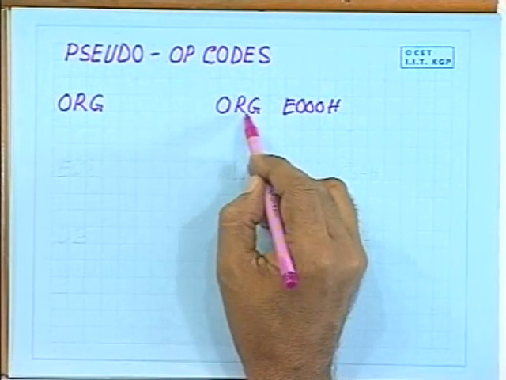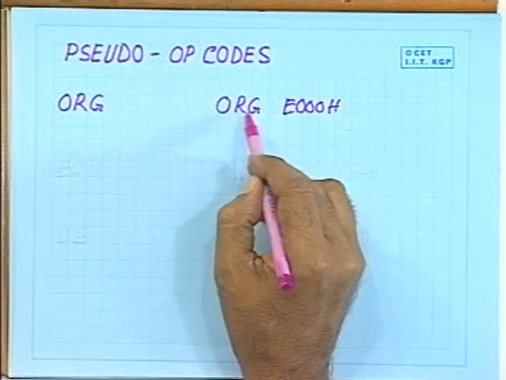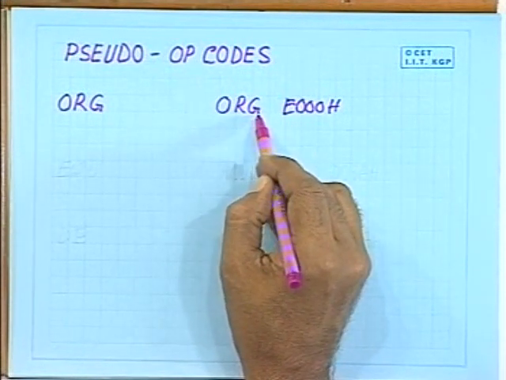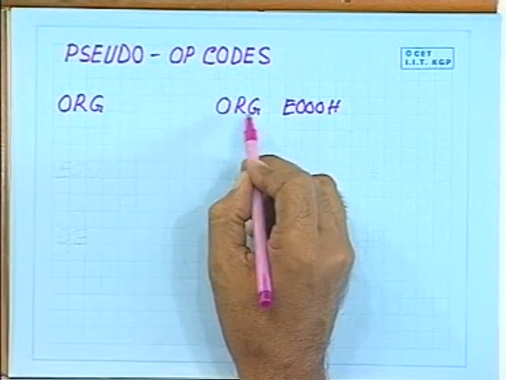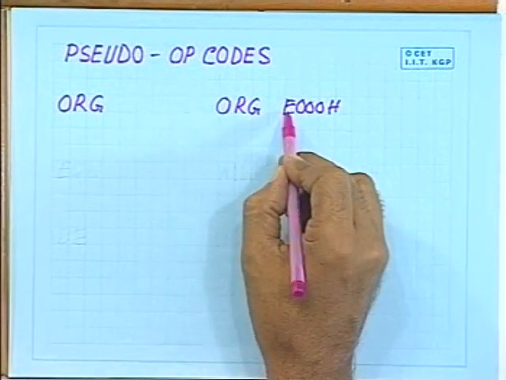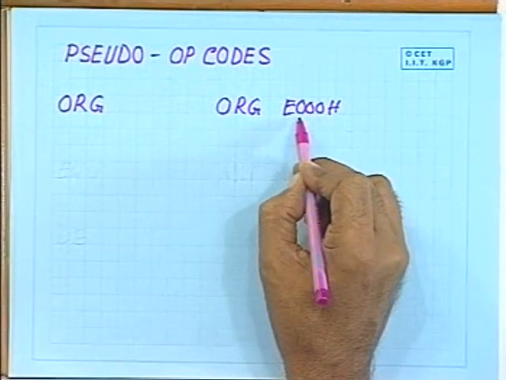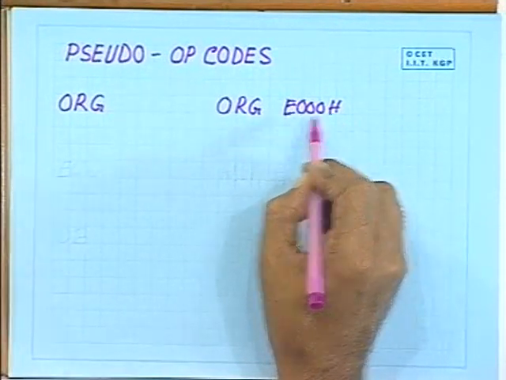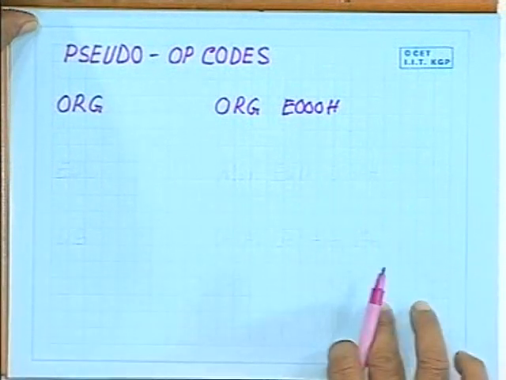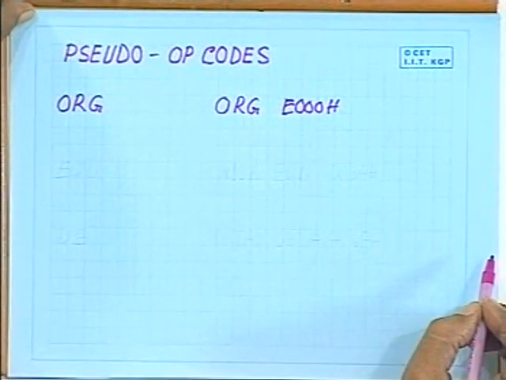It is not a machine language instruction or a mnemonic of one. This is a directive to the assembler. The assembler will start generating machine language code starting with the address E000 whenever this ORG pseudo opcode is provided.